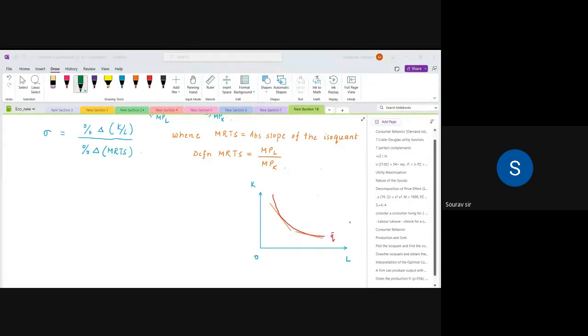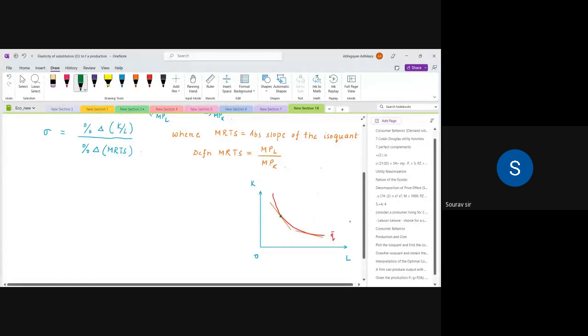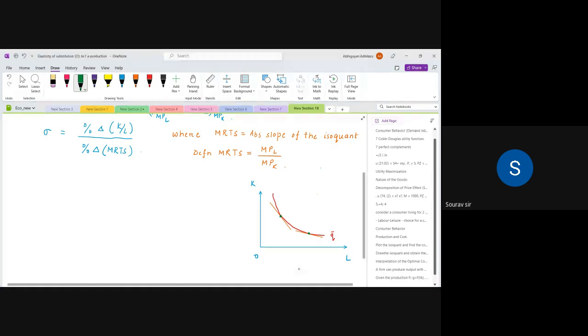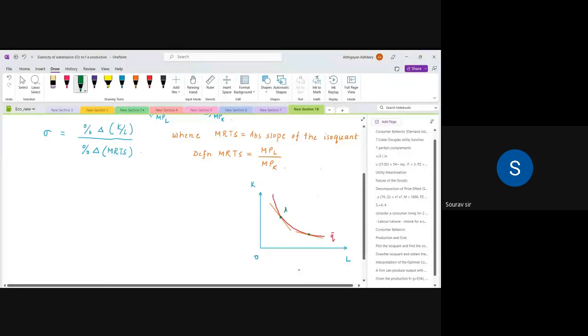You are understanding all this graphically. What is MRTS? It is basically the rate at which you can substitute labor and capital, the technologically feasible rate of substitution. If you want to keep the output level fixed, whether you operate at point A on the isoquant or point B, you keep the same level of output.